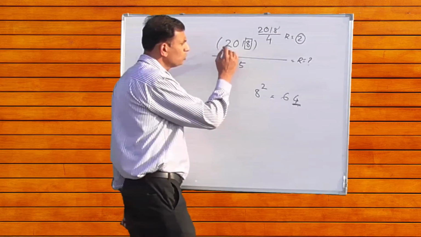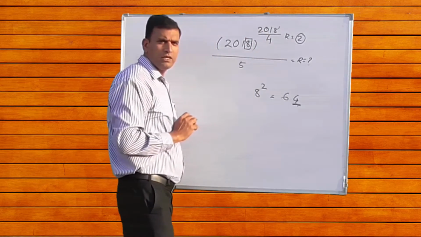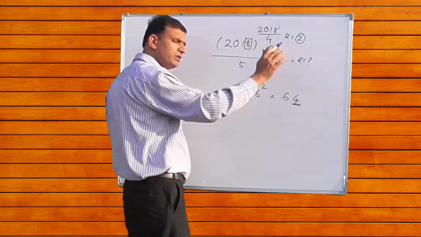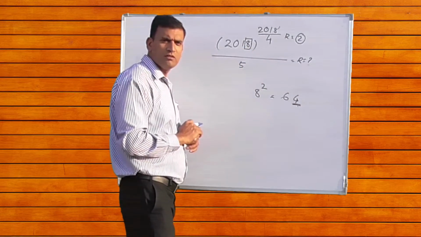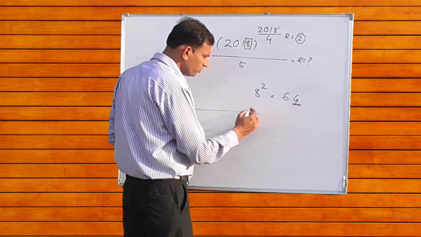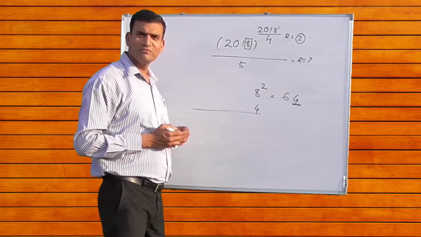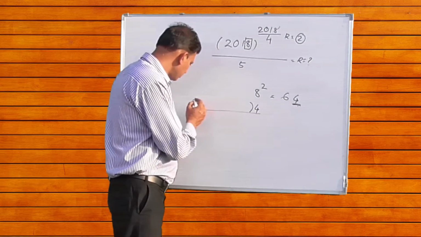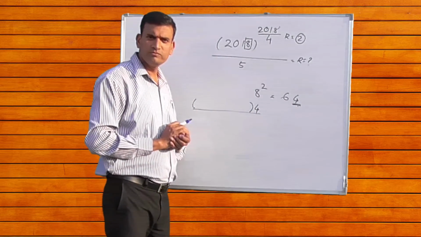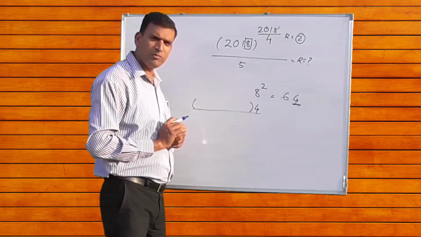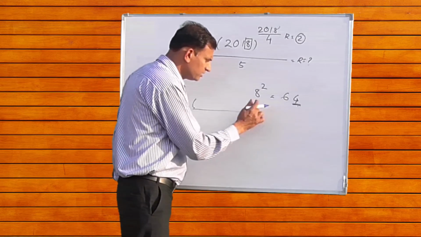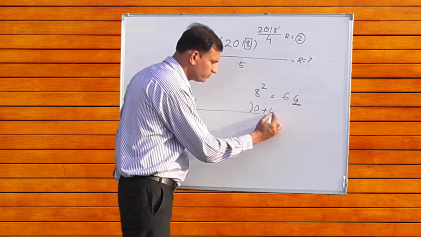The real value of 2018 to the power 2018 is much bigger, but finally we must have the unit digit 4. Whatever the remaining value, the same thing can be written in this way: this equals 0 plus 4.